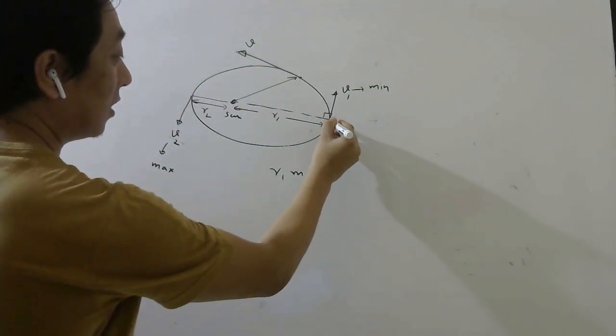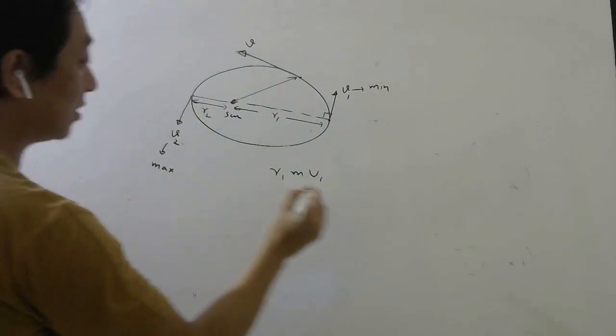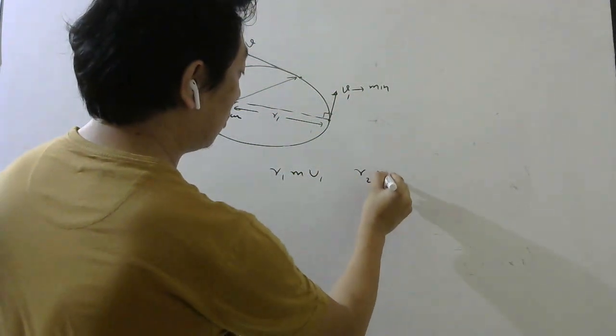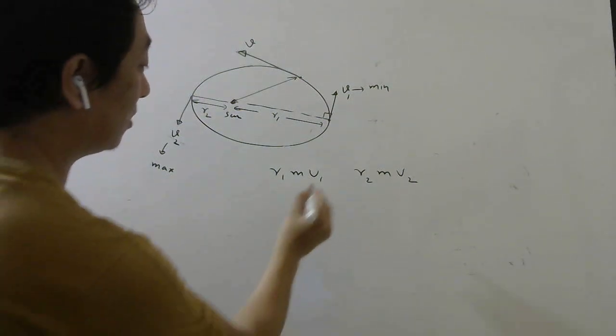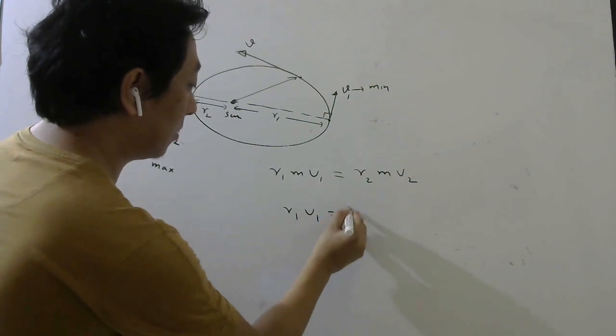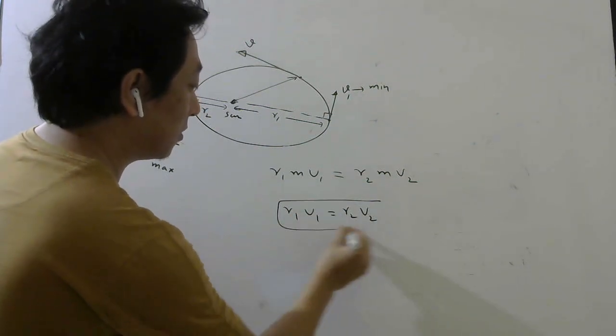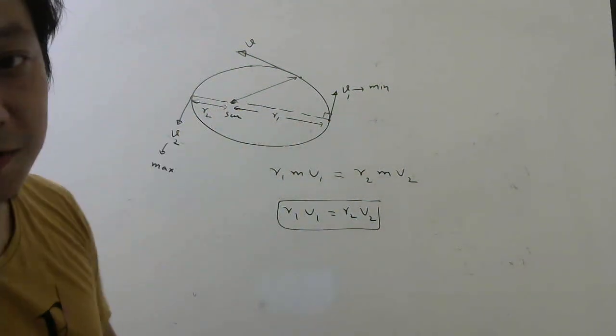So when it is here, farthest from the sun, this is the angular momentum. When it is nearest, what is the angular momentum? R2 m v2. But since angular momentum is conserved, these two must be equal. That means R1 v1 must be equal to R2 v2.